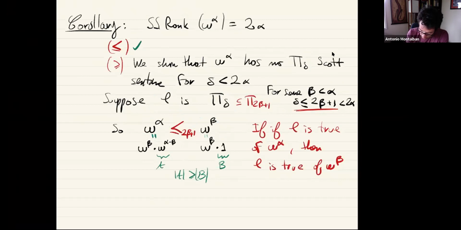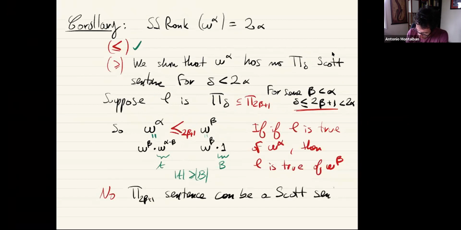So no 2 beta plus 1 sentence can be a Scott sentence for omega to the alpha, because if it's true about omega to the alpha, it's going to be true about a smaller ordinal, omega to the beta. So I can never uniquely identify omega to the alpha.